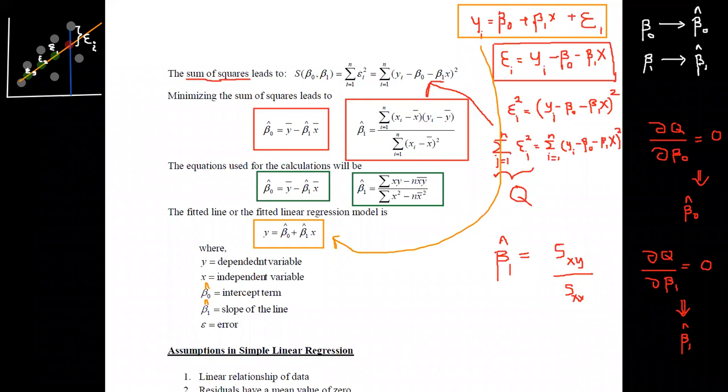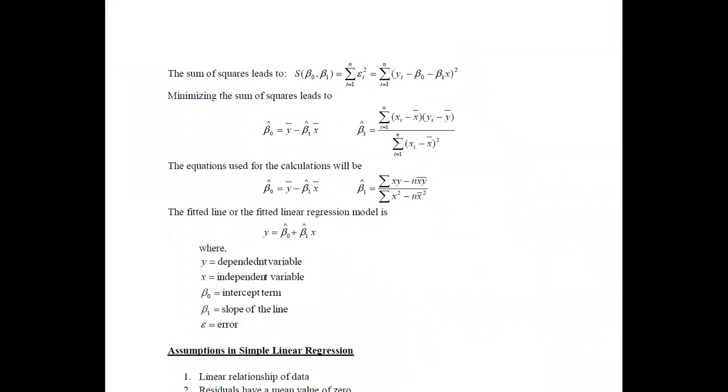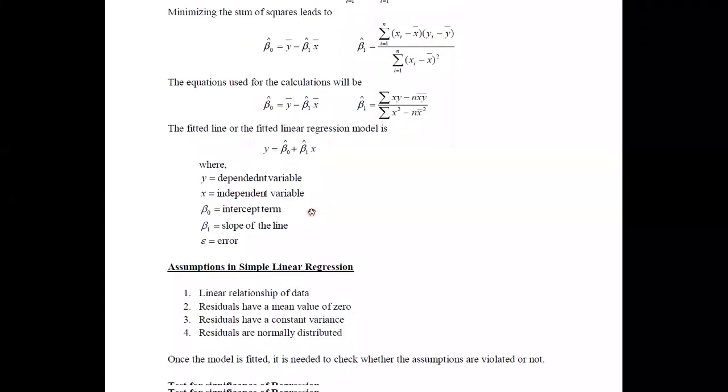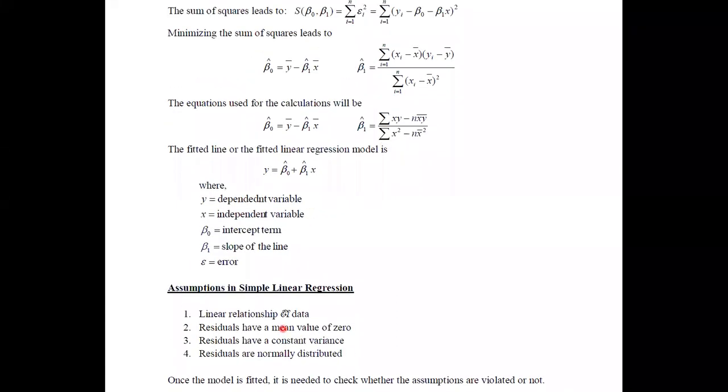I told you that this fitted model may be identified as an appropriate model for this set of data, and thereafter we need to check the model assumptions in the regression. First of all, I will tell you the assumptions in simple linear regression. The first one is the linear relationship of data.